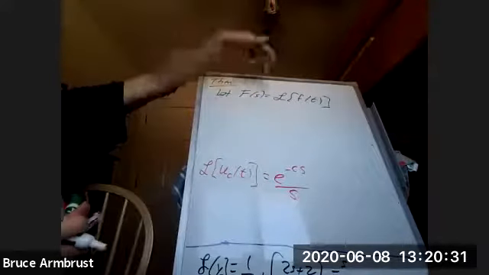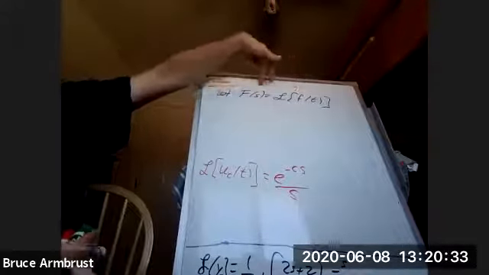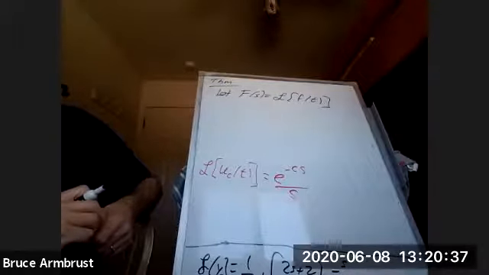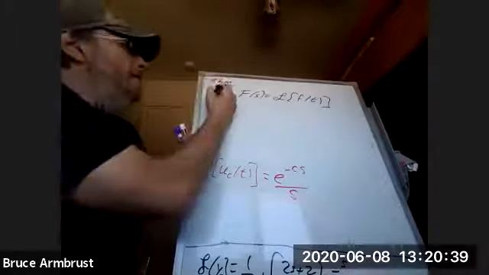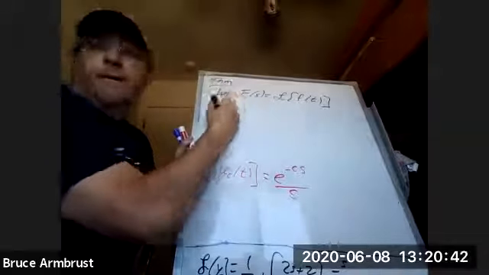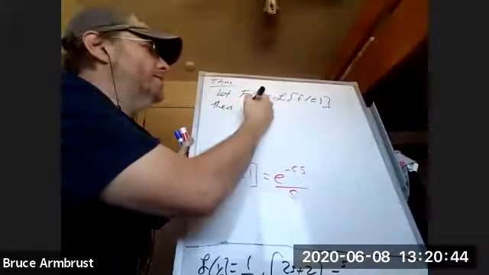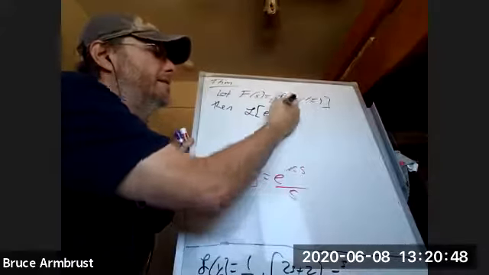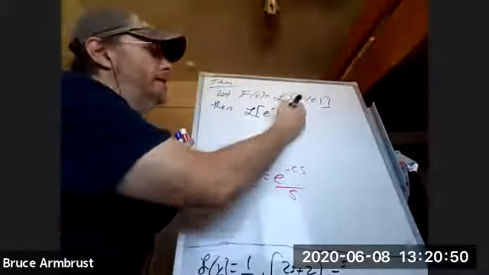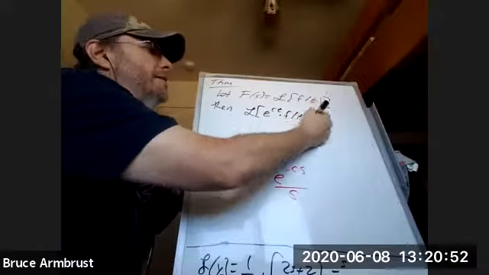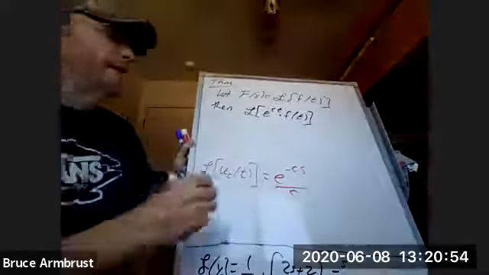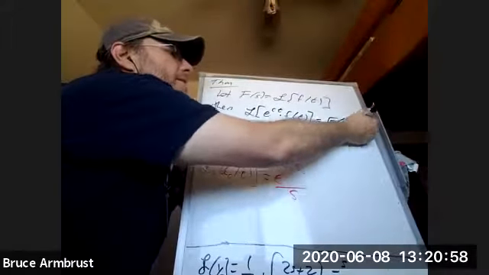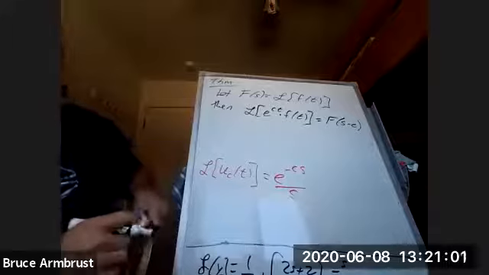So whatever the function is we're dealing with, we take its Laplace transform, that's big F. Then what we know is that the Laplace transform of e to the ct times f of t, so we're off by e to the ct, just equals F of s minus c.